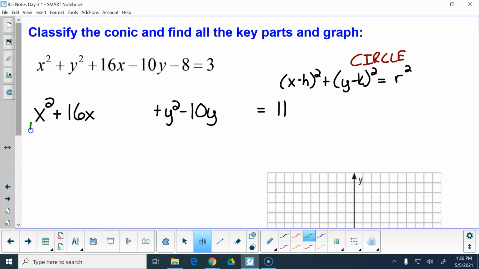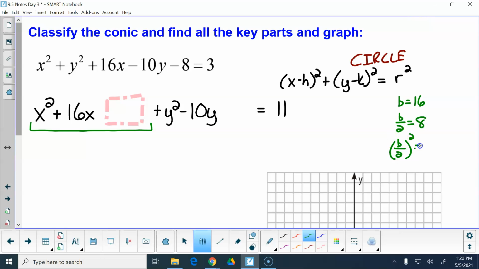X is first. Fill the box. My B is 16. Divided by 2 is 8. Squared is 64. So 64 is going to fill this box, unbalancing my equation. So I need to balance my equation by putting it there.